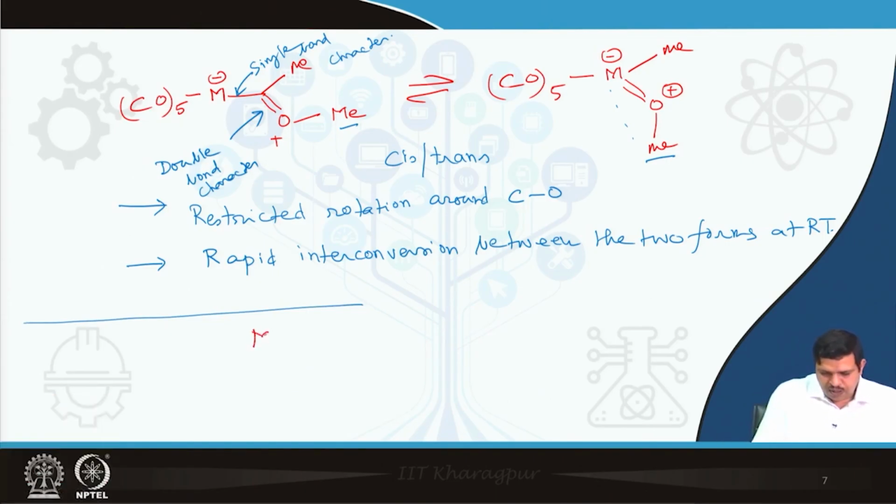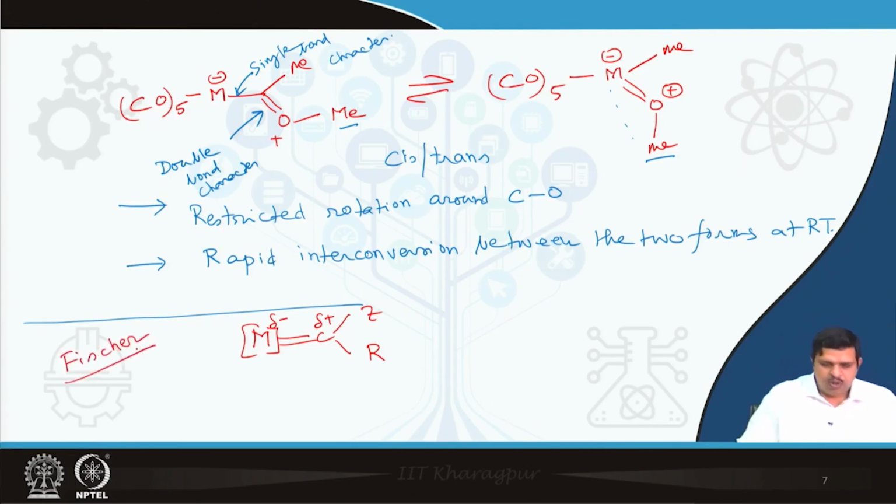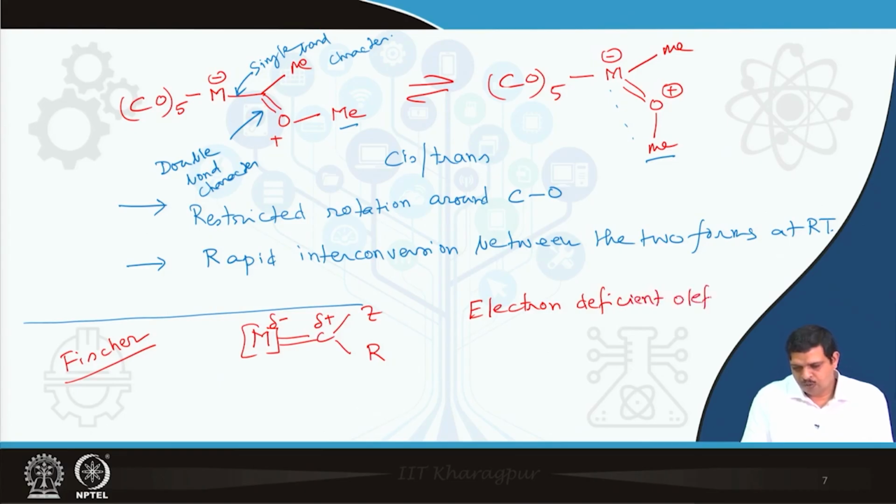the metal-carbene complexes, like this one, let's say ZR. So this is delta plus and this is delta minus for the Fischer type of metal-carbene complexes. Okay. So this is basically an electron deficient olefinic bond.